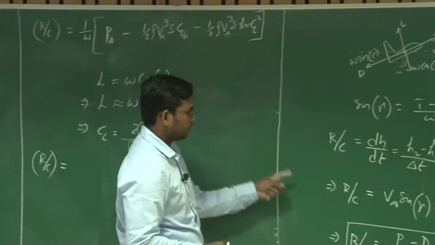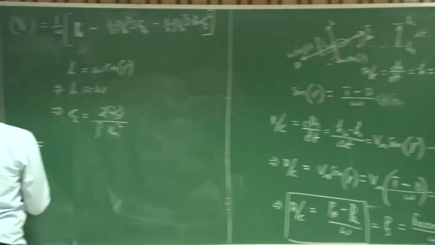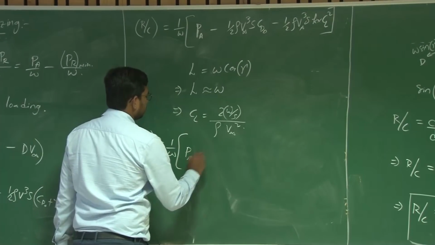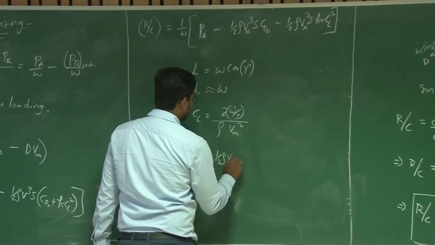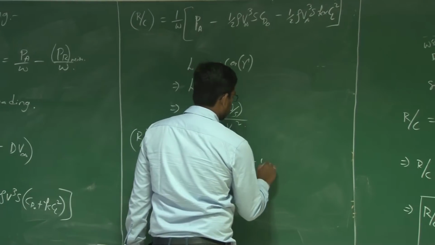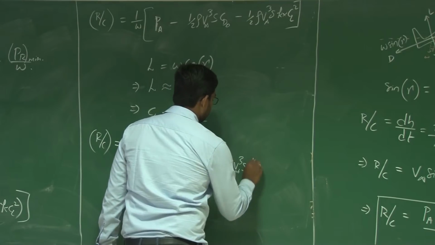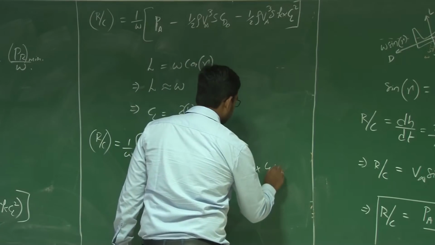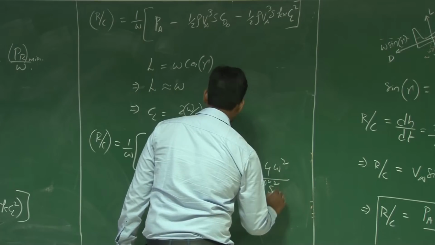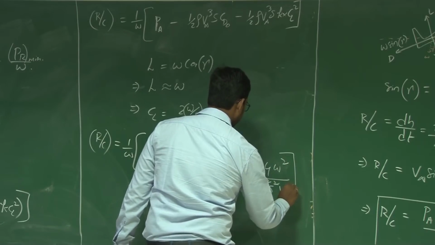Okay, consider this as CL 4 and the last equation as CL 5. Now we have rate of climb equals 1 by W times power available minus half rho V infinity cube S into CD naught, minus half rho V infinity cube S into CL square, which will be 4 W square divided by rho square S square V infinity to the power of 4.